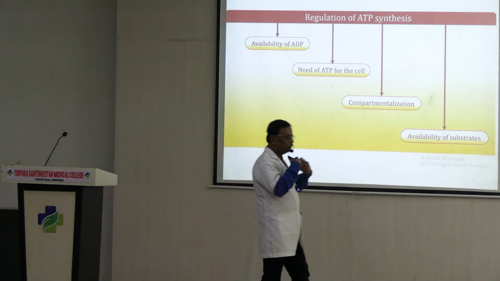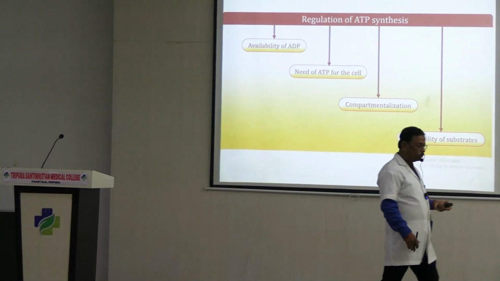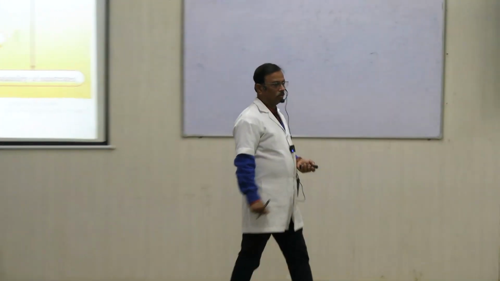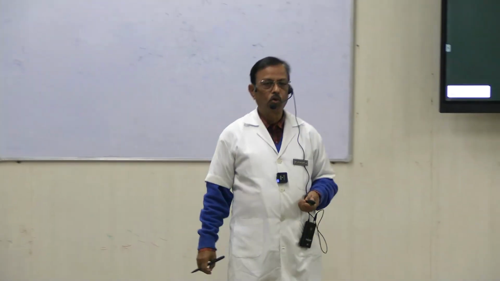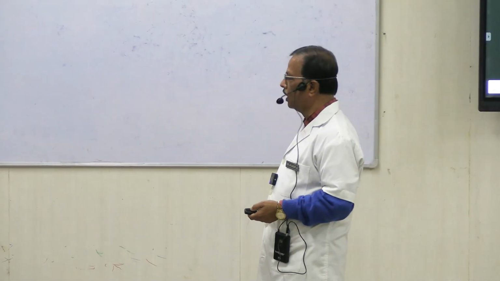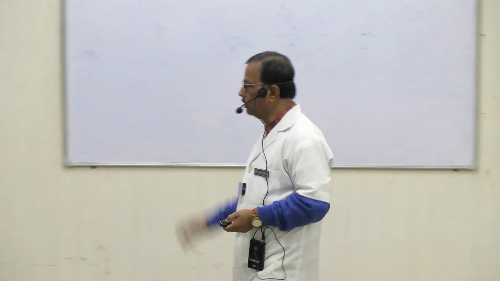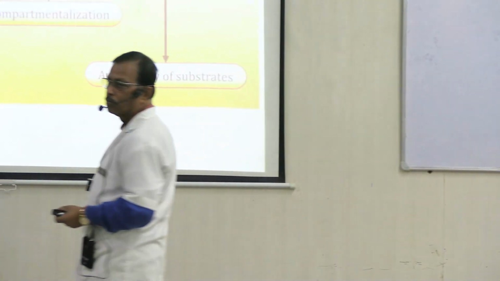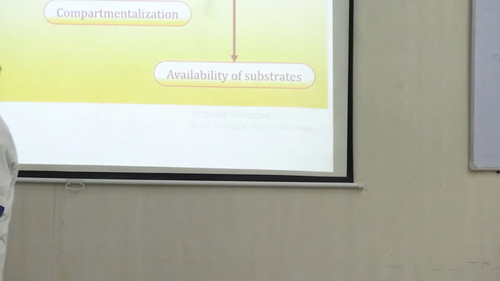There should be a need. It is only need-based generation. If the body needs more ATP, then more ATP is synthesized. If less ATP is required, then less ATP will be synthesized. Then where will the energy go?